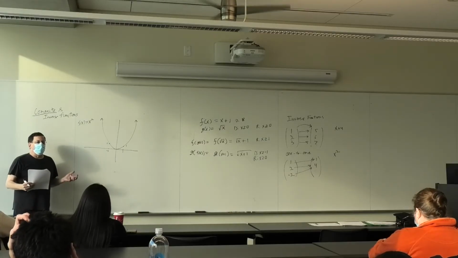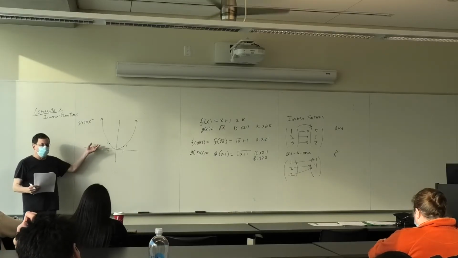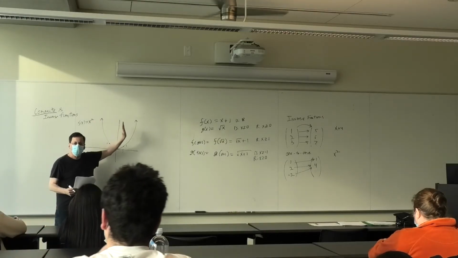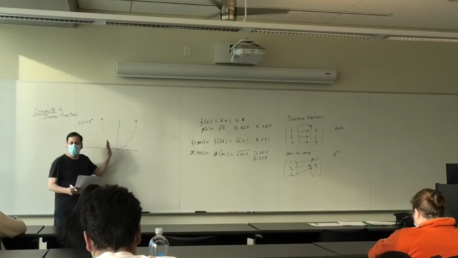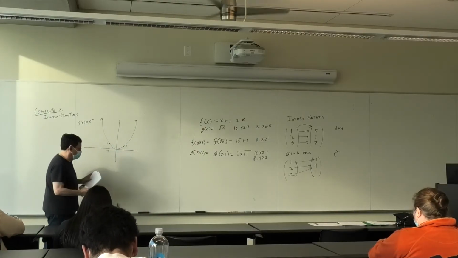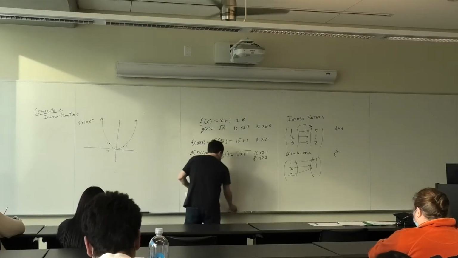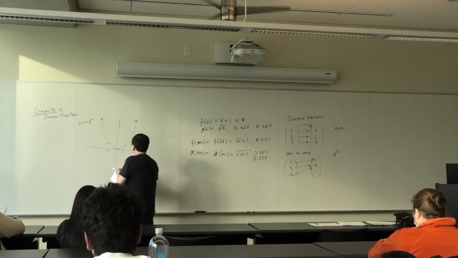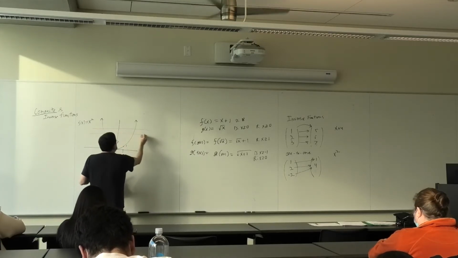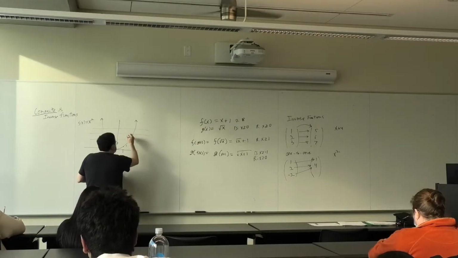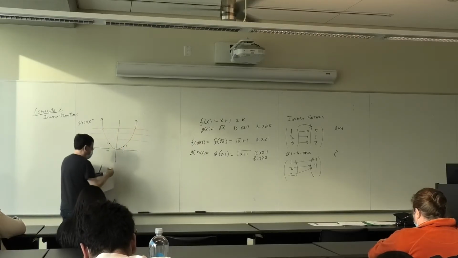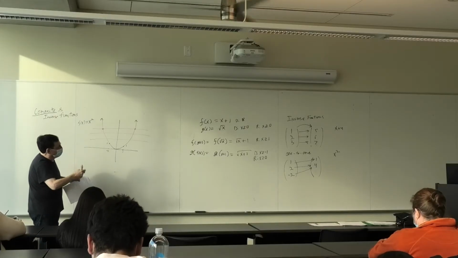Now, you may remember we had a test to see if some graph is a function. Remember the vertical line test? If the line goes through 2 points, it's not a function. Well, here we have the horizontal line test. It can still be a function, but if it doesn't pass the horizontal line test, meaning it goes through 2 points, then it's not 1 to 1.